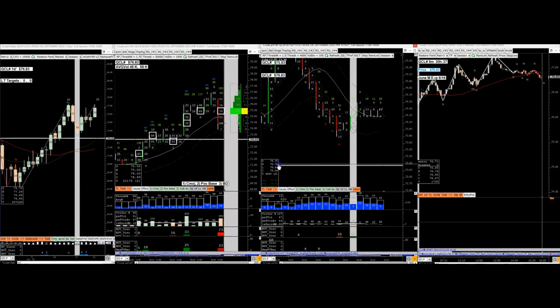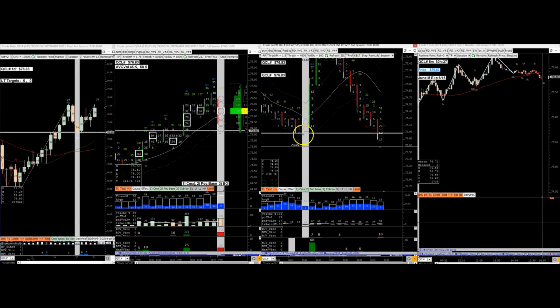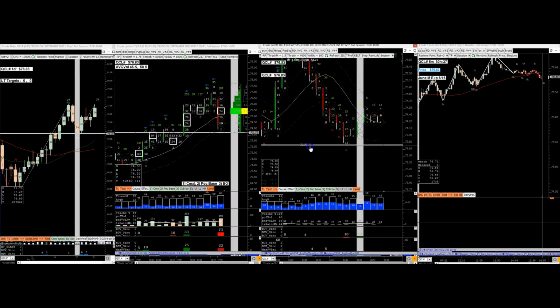Hands go sideways and breaks. This one, I don't like this one. There's no high volume prints. But where is the one I was looking for?